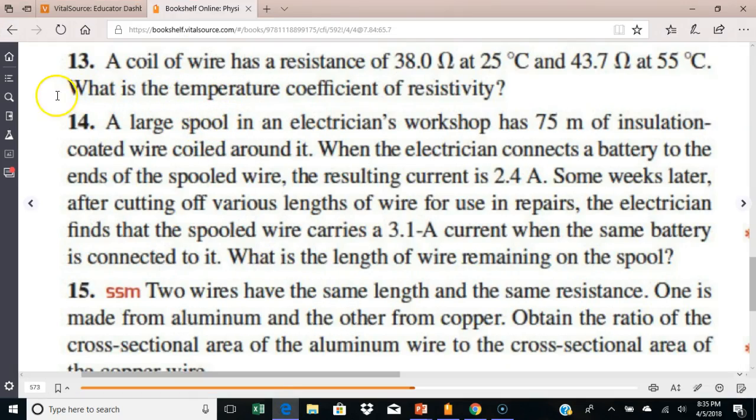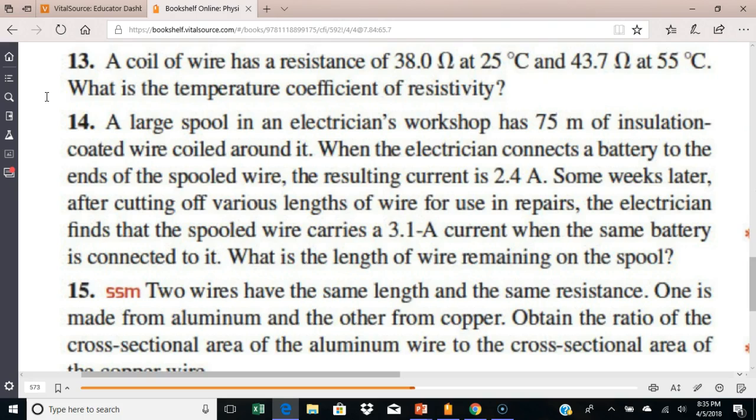I got a large spool of wire in an electrician's workshop, 75 meters of insulation-coated wire around it. When the electrician connects a battery to the ends of the spooled wire, the resulting current is 2.4 amps.